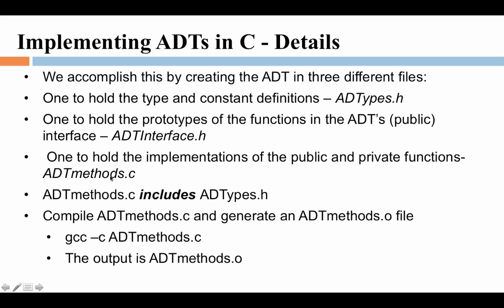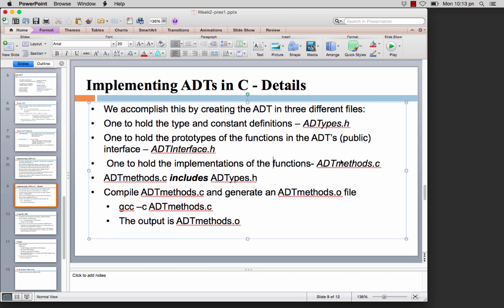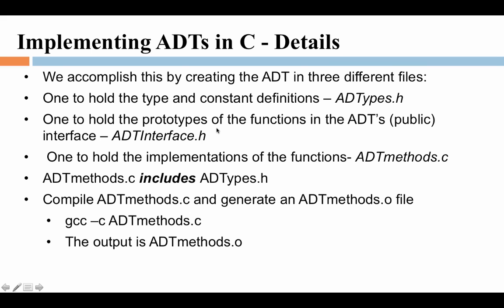Now you come to the .c file. I'm just going to edit something here. Then in the .c file, which I have named ADT methods.c, you put all the implementations of the functions.